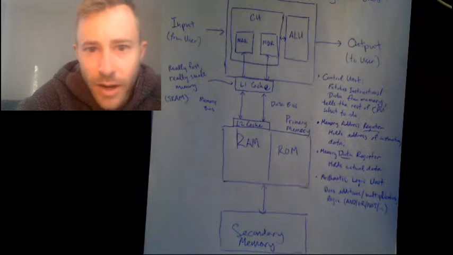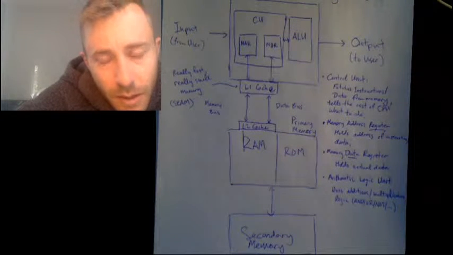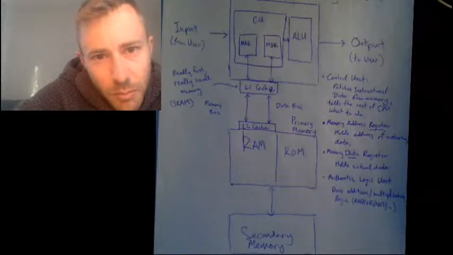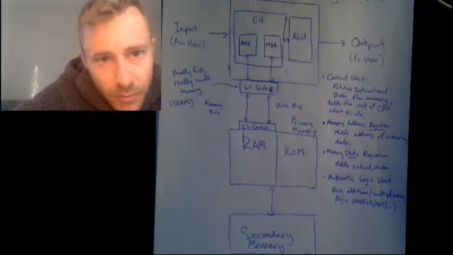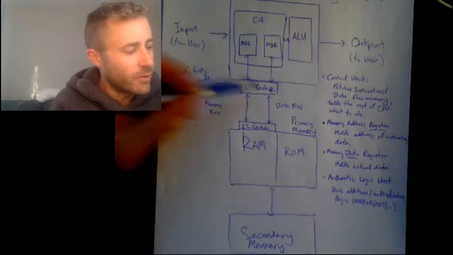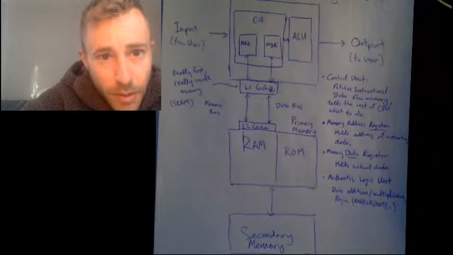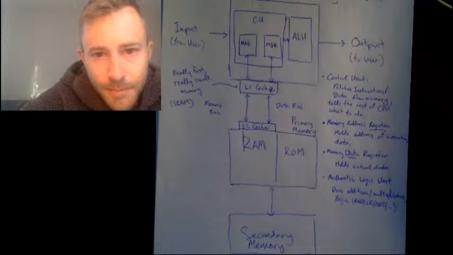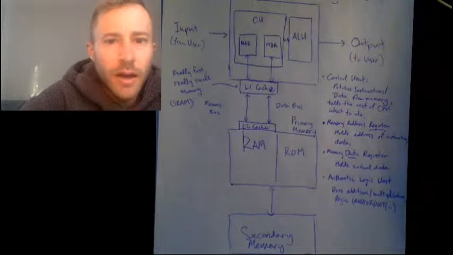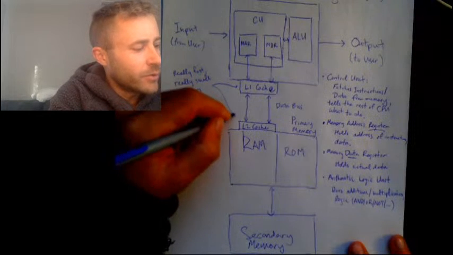SRAM is the fastest form of RAM, but it is really expensive. So to minimize the cost of the computer, computer designers just give you a little bit of memory of this fastest form, and that's for both the level 1 and the level 2 cache.